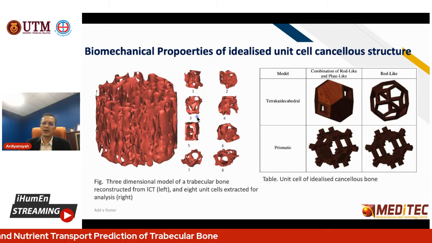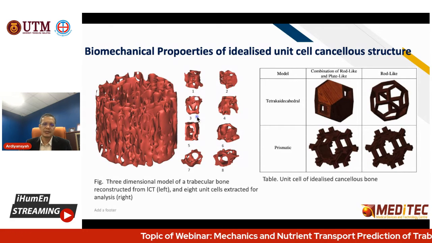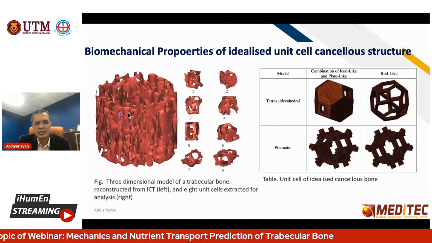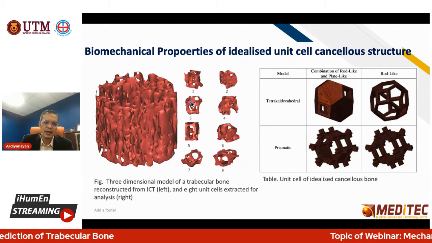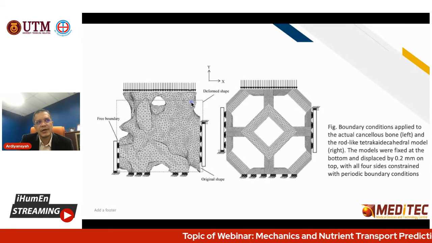Then you can compare the properties of both unit cells. Which one is better to represent the cancellous bone? Here we focus on the unit cell, then predict the bulk of the structure. This is one example.